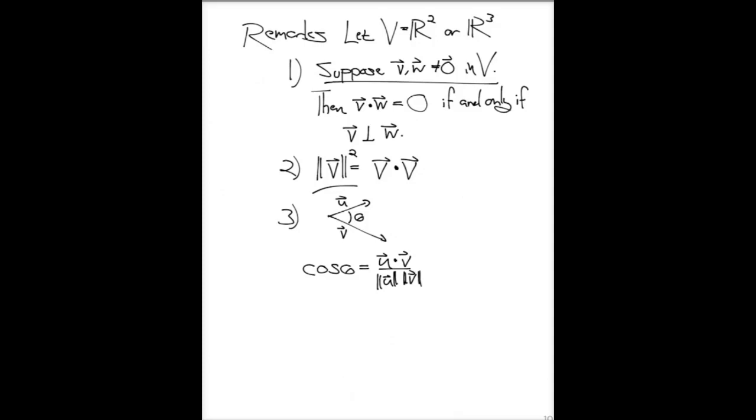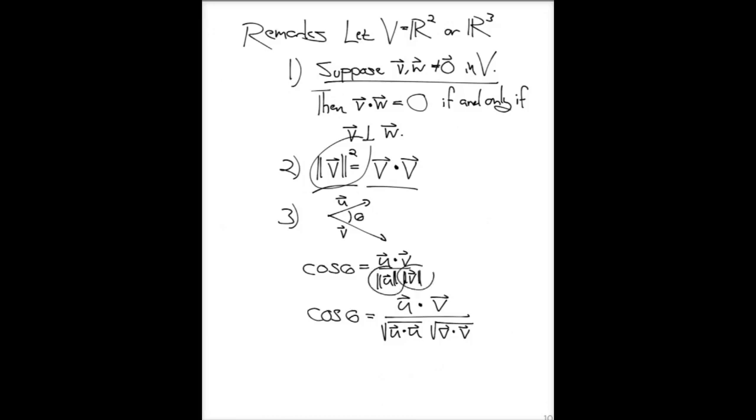And this, in turn, can be rewritten as follows. Since, as we saw above, the magnitude squared is equal to v dot v, we can take each of these magnitudes down here and write them as the square root of u dot u and the square root of v dot v to obtain this last formula.